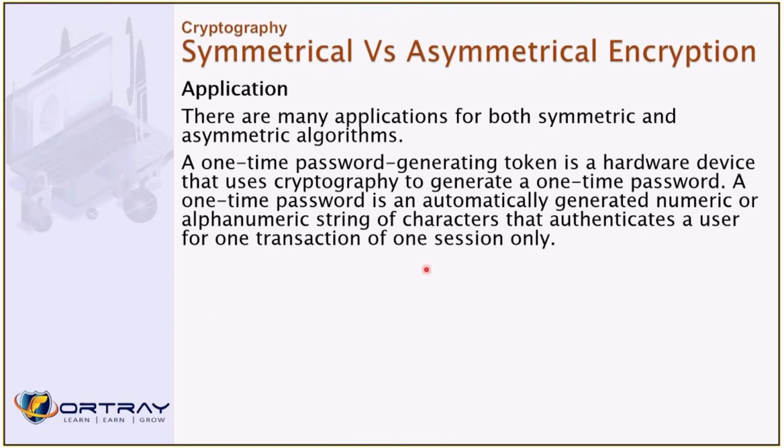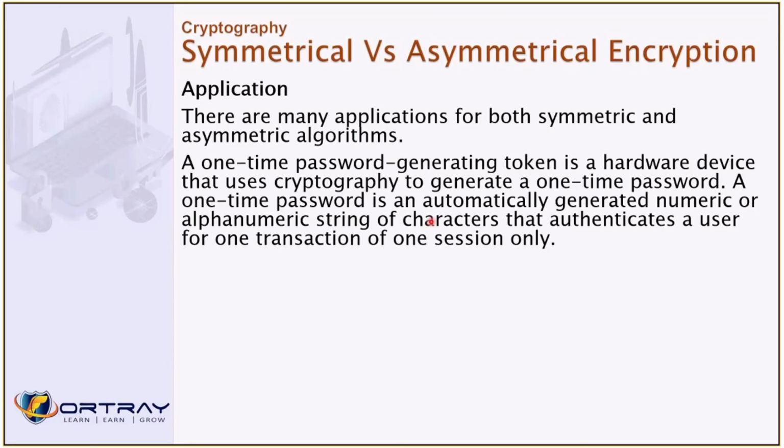These are the applications. There are many applications for both symmetric and asymmetric. A one-time password generating token is a hardware device that uses cryptography to generate a one-time password. A one-time password is an automatically generated numeric or alphanumeric string of characters that authenticates a user. Some companies are now giving you a hard token or a soft token installed on mobile.